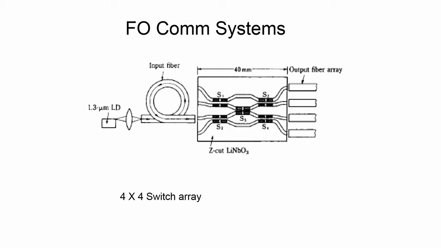In this example I have chosen the directional coupler switches, the electro-optic switches we have seen earlier. As we know, the electro-optic switch has the configuration of a directional coupler.